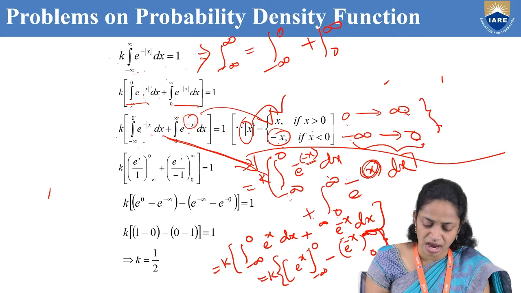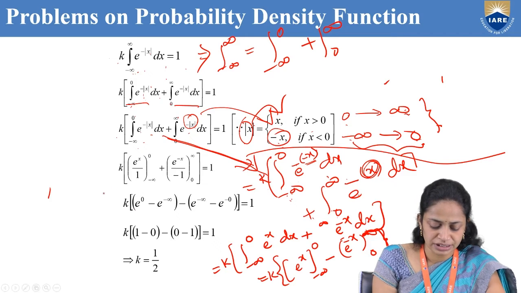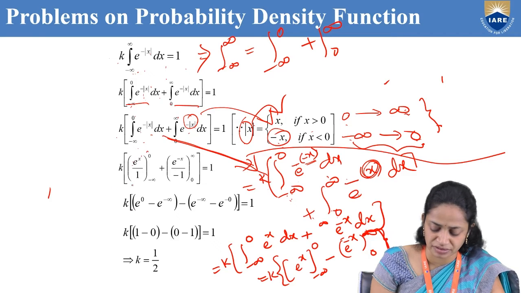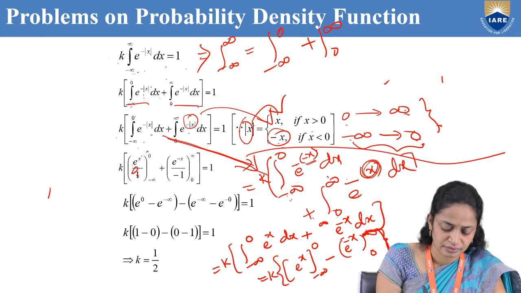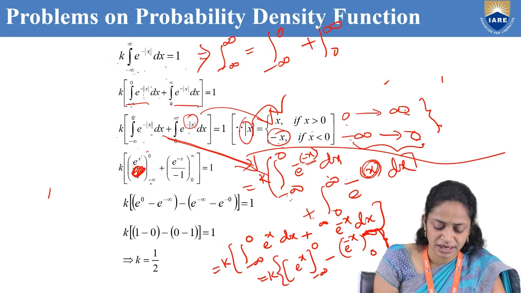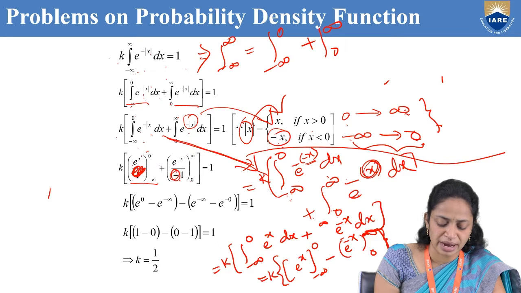So first here we have to substitute. This is e power x, whose integral is e power x, with limits minus infinity to 0, and e power minus x by minus 1 with limits 0 to infinity. So I am taking the minus outside.